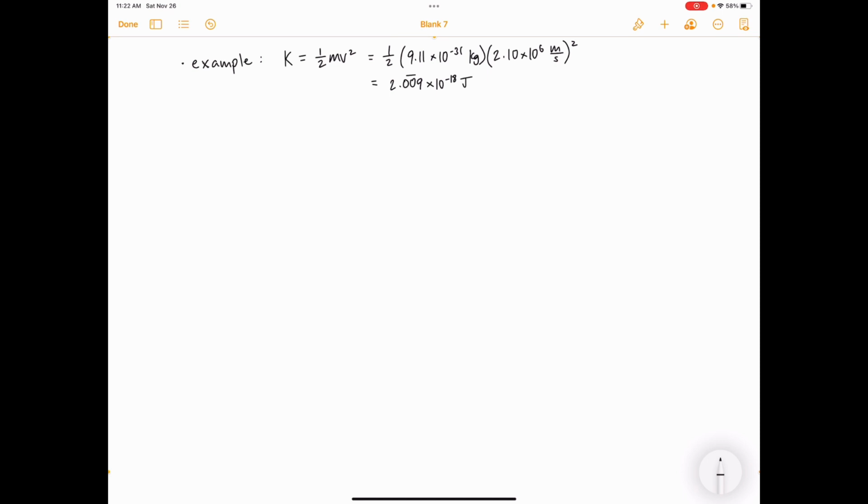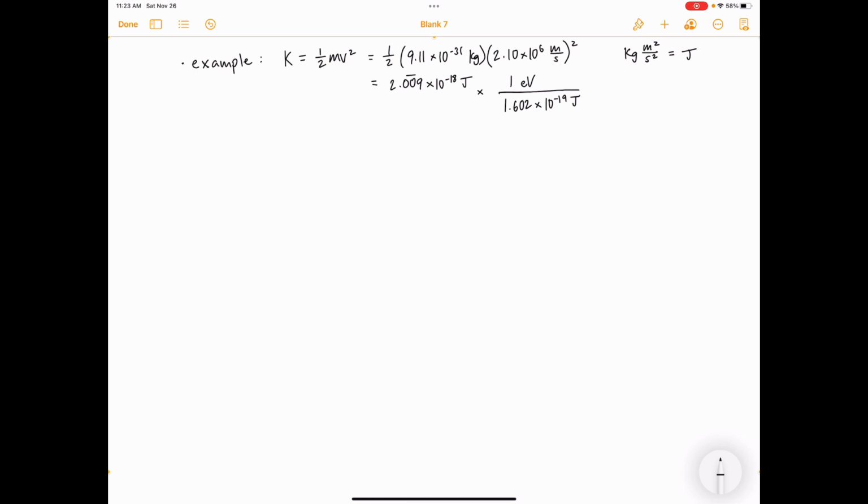We're actually going to keep 3 sig figs on that. And also notice that unit-wise, what we have is kilograms meters squared per second squared. That's the same as a joule. So just remember that from before. Okay, so now we want to take this and convert it over to electron volts. So the conversion factor is 1 electron volt is equivalent to 1.602 × 10^-19 joules.